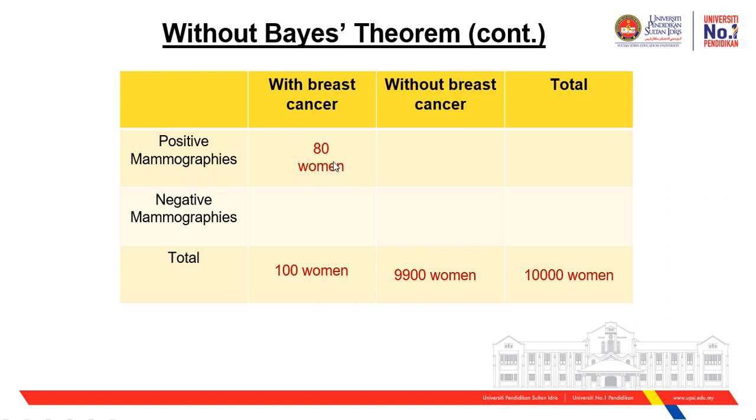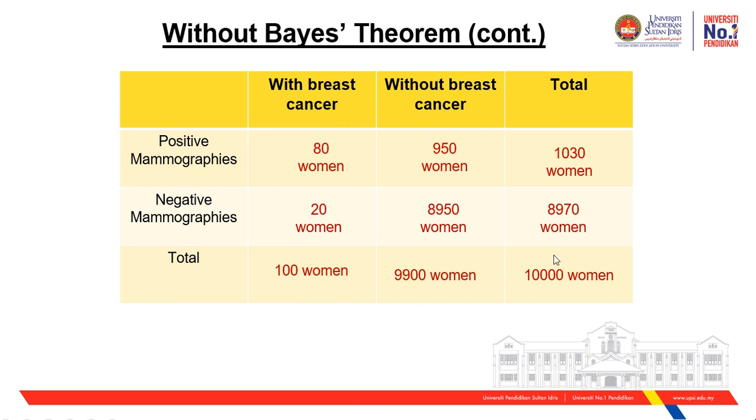And from the question, 80% of women with breast cancer have a positive mammography, so it is 80 women, and the rest will be 20 women with a negative mammography. Then 9.6% of those without breast cancer have a positive mammography, and the balance will be 8,950. And this is the total with a negative mammography, and this is the total of women with a positive mammography.